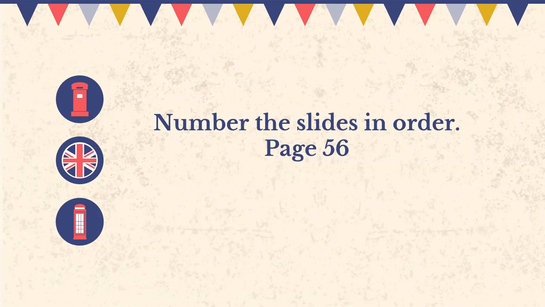Okay, so what we're going to do on this part is, well, first we're going to do the activity on page 56. So let me get my digital book. Where is it?